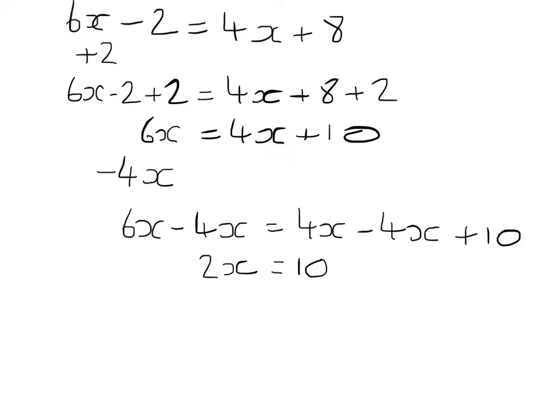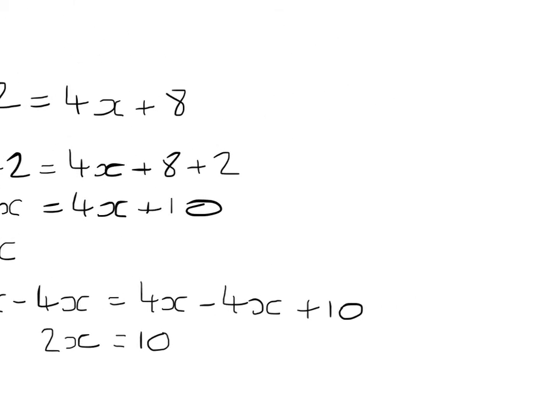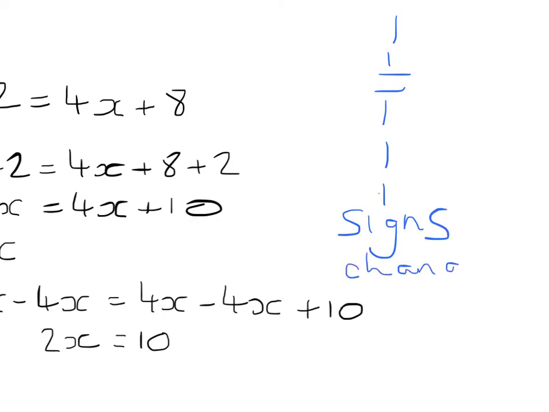There's another way you can think about this, and it's totally up to you how you go about it. You could say to yourself, well, actually what I'm doing is I'm picking up the 4x and taking it over to the other side. But the rule is, whenever I take something over the equals, if you can imagine it's like a force field, the signs change.